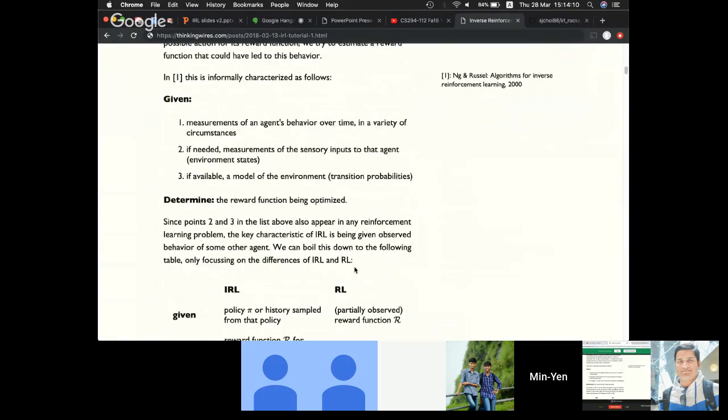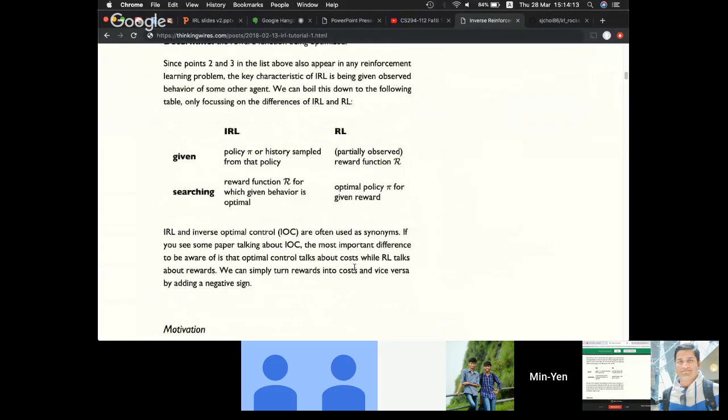So it's inverse because we're trying to learn the reward function rather than it being given in the reinforcement learning procedure. And we're actually given the policy, or versions of the policy, that we could learn from the sample trajectory.